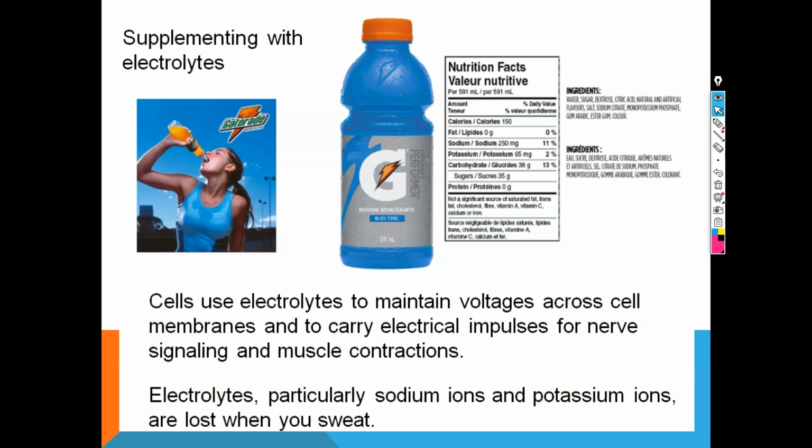If you get low on your electrolytes, in other words, you become dehydrated, your electrolytes are not in your cells and you are not able to do as well with using those electrical impulses for nerves and muscles. So you need to replace your electrolytes. That's why they sell products like Gatorade, which have electrolytes in them. Okay, so it's all about the conductivity of solutions, even inside the Gatorade that we are drinking.